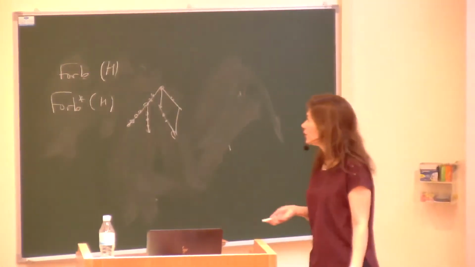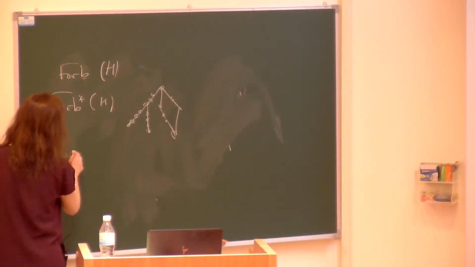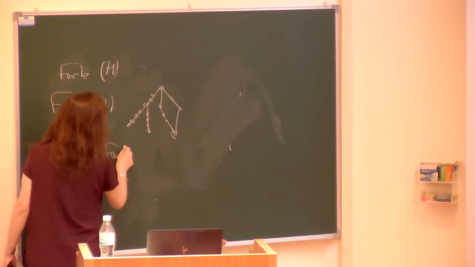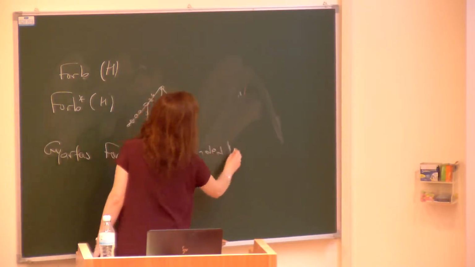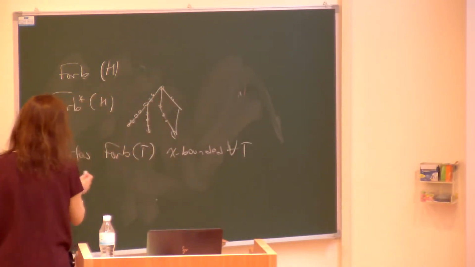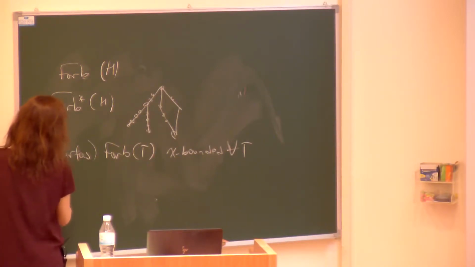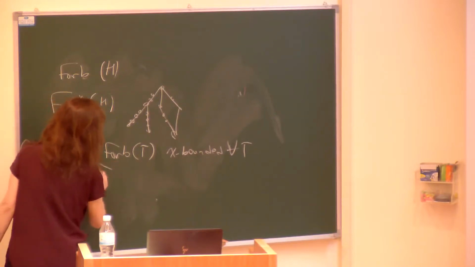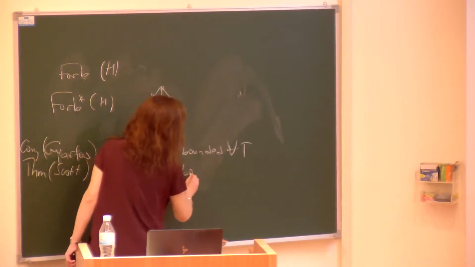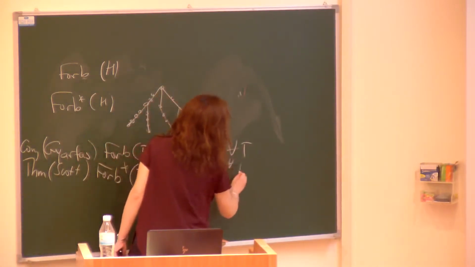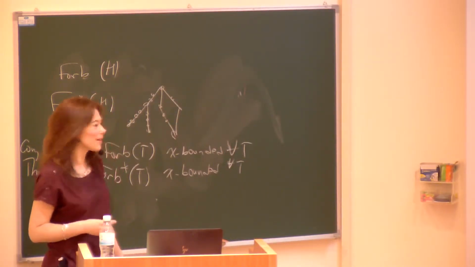So that's Forb star of H. And now the Gyárfás-Sumner conjecture says Forb of T is chi-bounded for all T. What Scott proved is that Forb star of T is chi-bounded. And so for every tree, if you forbid all its subdivisions as induced subgraphs, you get a chi-bounded class.